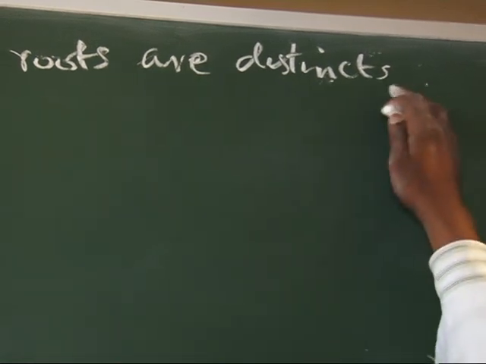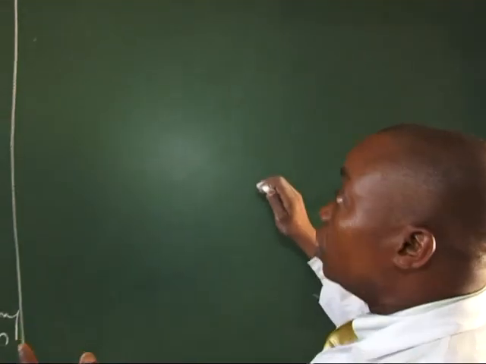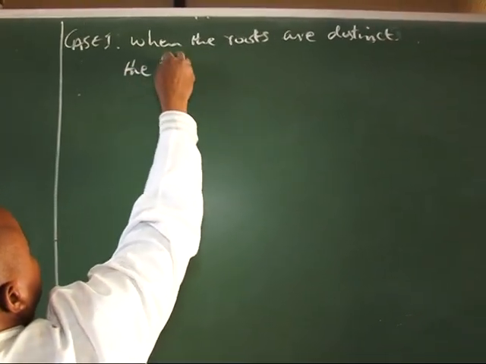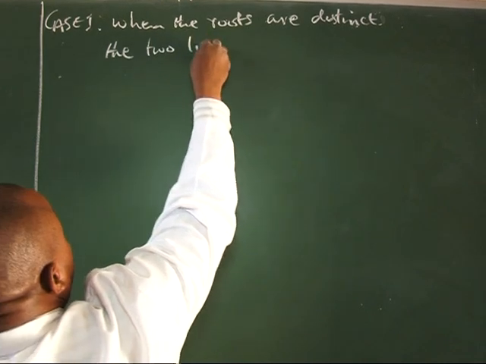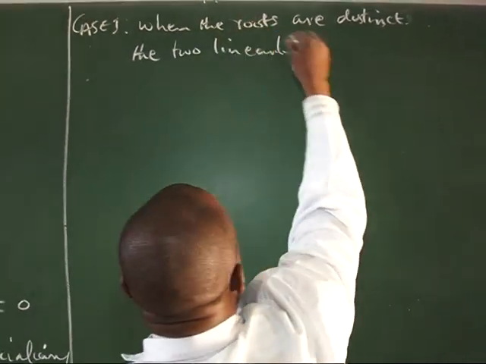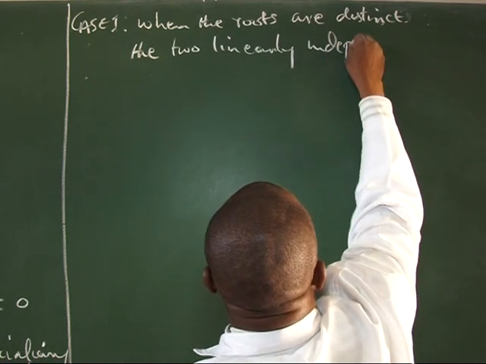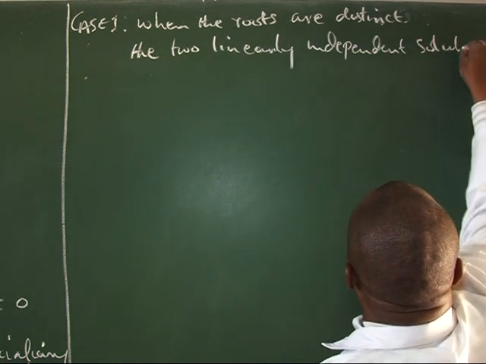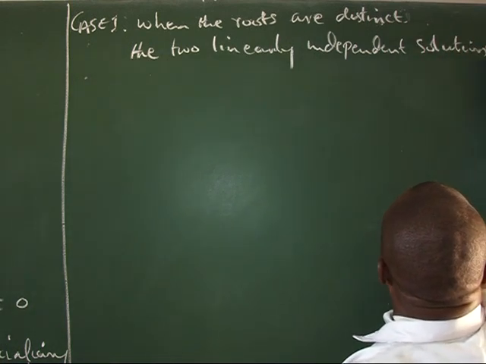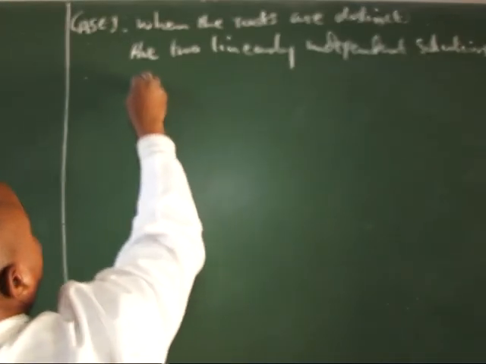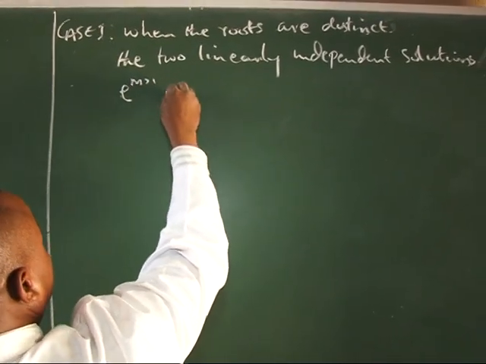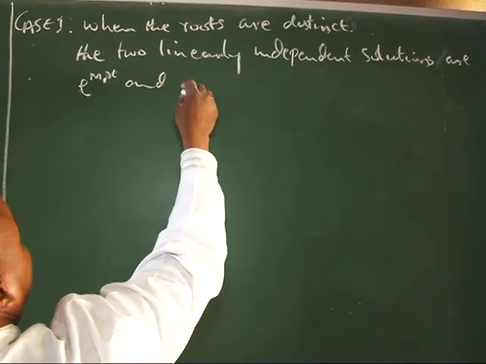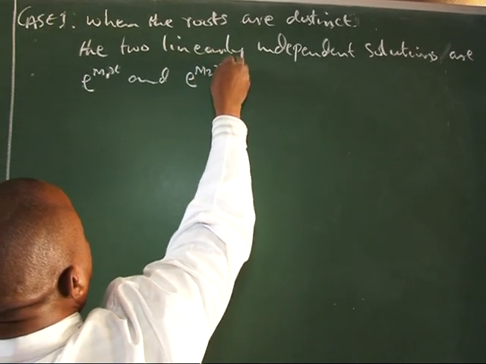When we have distinct roots, the two linearly independent solutions are exponential m1x and exponential m2x.